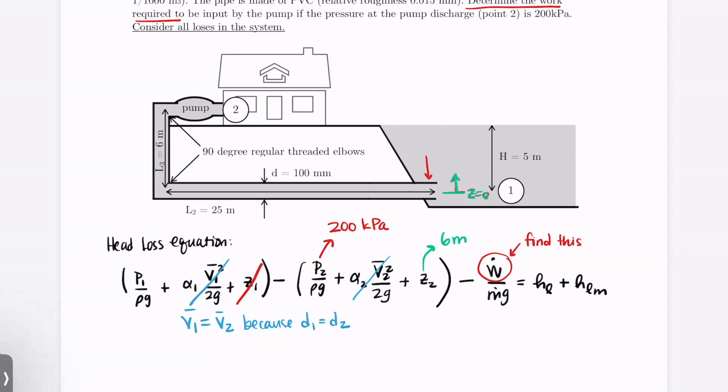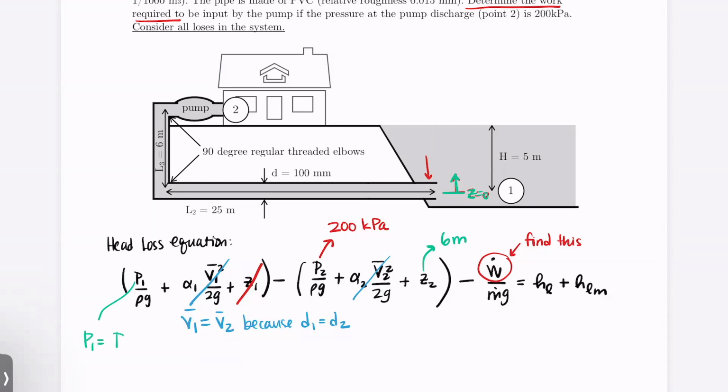We're given what depth it's at in the pond. Or is it 5? Yep. So pressure is going to increase with depth, so we'll keep it a positive 5. Very good. Thank you. So P1 is equal to P atmosphere plus rho g h, where this is 5 meters. Excellent.